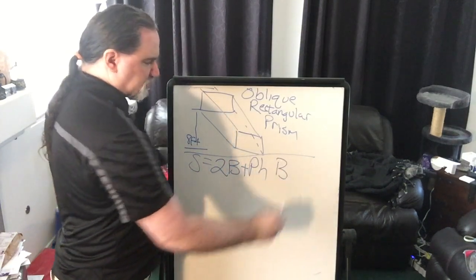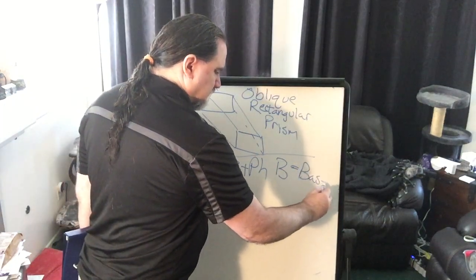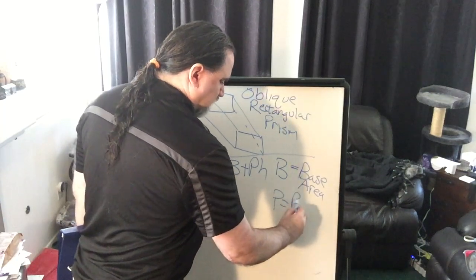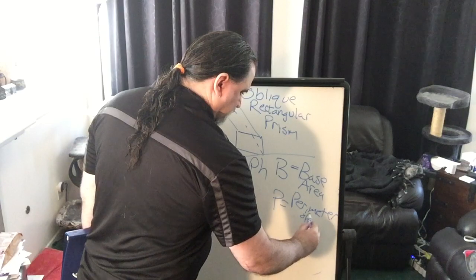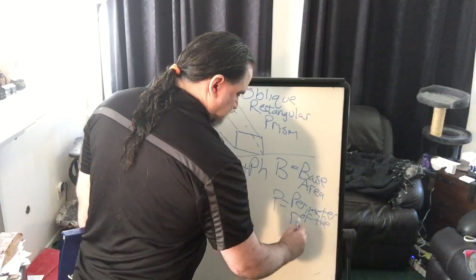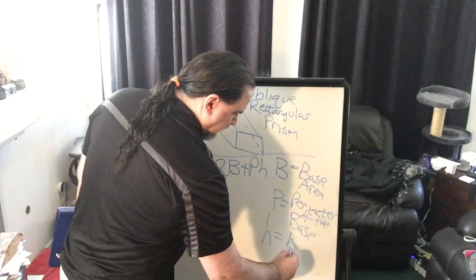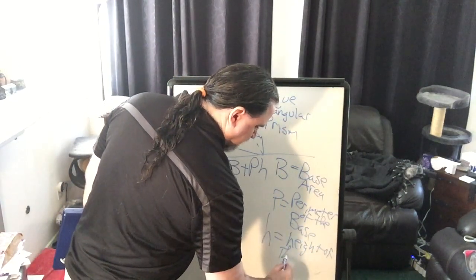So again, one more time, we need the base area, we need the perimeter of the base, and we need the height of the prism.